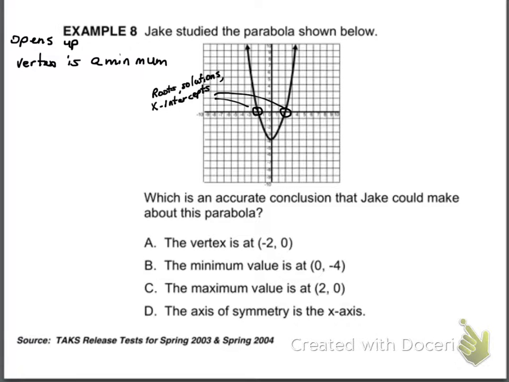Okay. And so where is the vertex? Right here is our vertex, which is, in this particular case, a minimum. But not all vertexes are minimums. If it opens downward, then the vertex is a maximum. And so that gives you some information about this particular parabola.